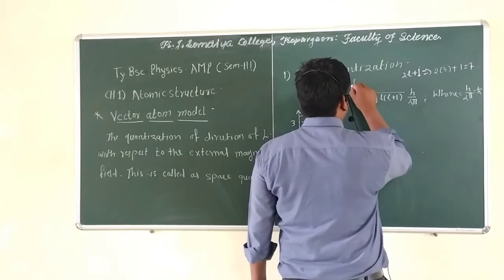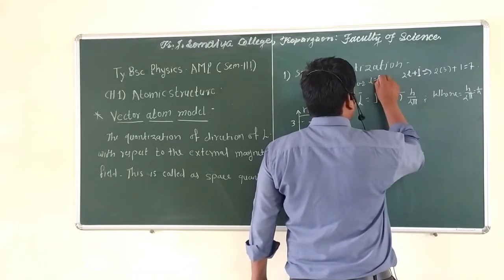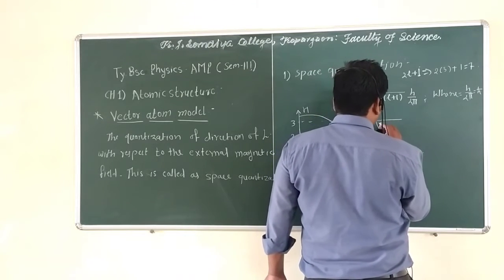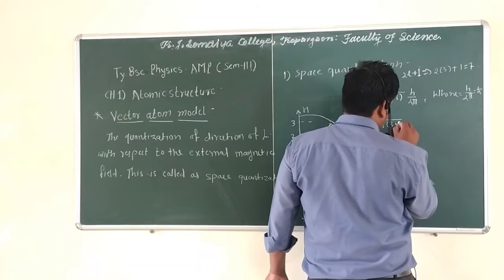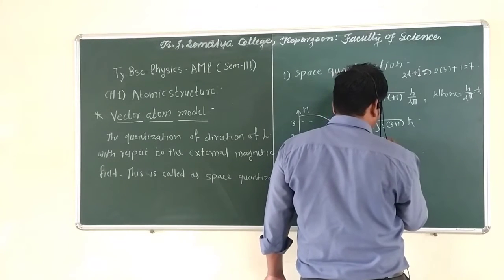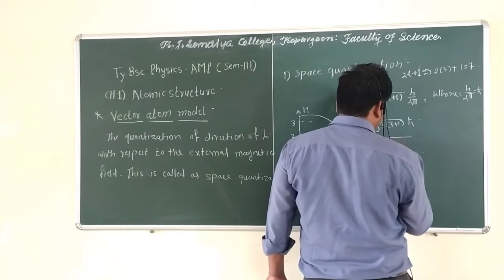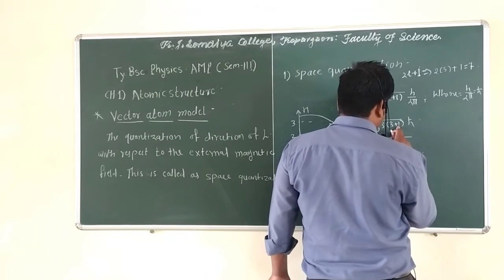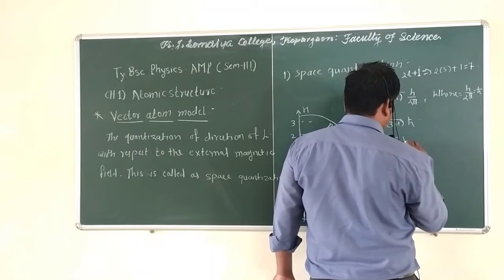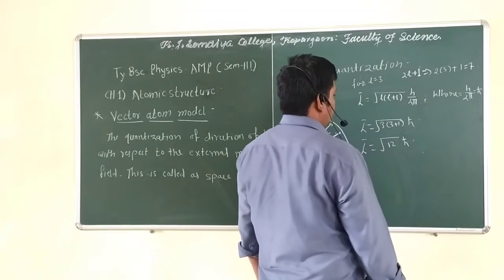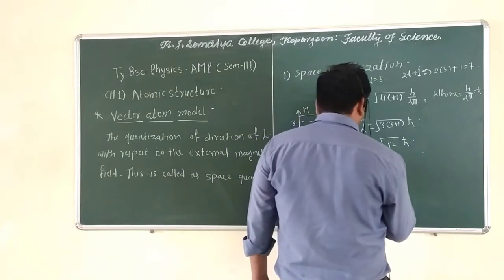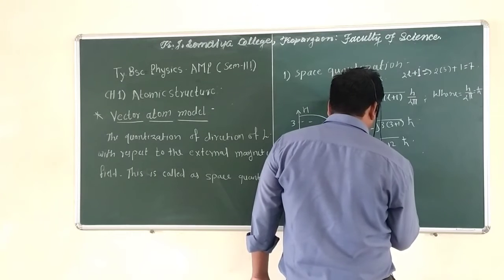So for L is equal to 3, L bar is equal to the square root of 3 into 3 plus 1 into h cross, so 3 plus 1 is 4, so the square root of 12 h cross. So that is the value of the orbital angular momentum, and then we calculate the projection operator.